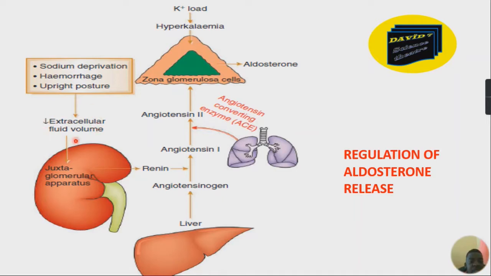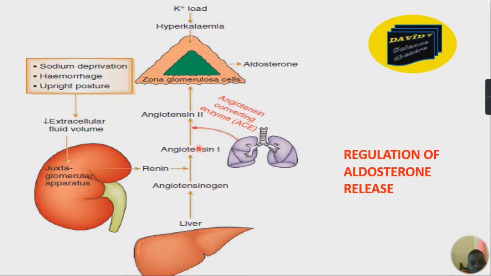Okay, so when there is the reduced extracellular volume, the kidney has the juxtaglomerular apparatus, which is stimulated. It is a group of three types of cells: macula densa, glomerular cells, and many others. So the effect there I want to pick out is production of renin, and it cleaves angiotensinogen to angiotensin 1.